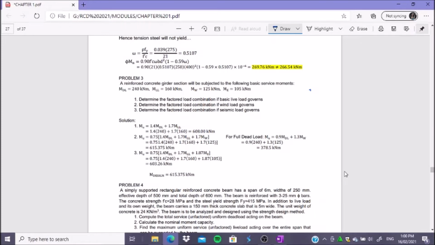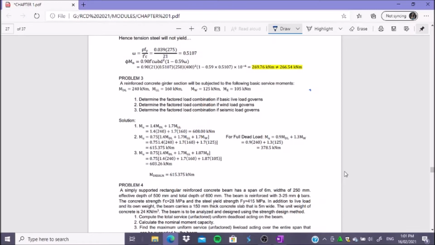Now, actually, wala nakalagay dito kung anong NSCP, ano? So, that is NSCP 2001. Yung 2015, may load combination din yun. Basta alam nyo na to, madali lang din naman yan kasi application lang.